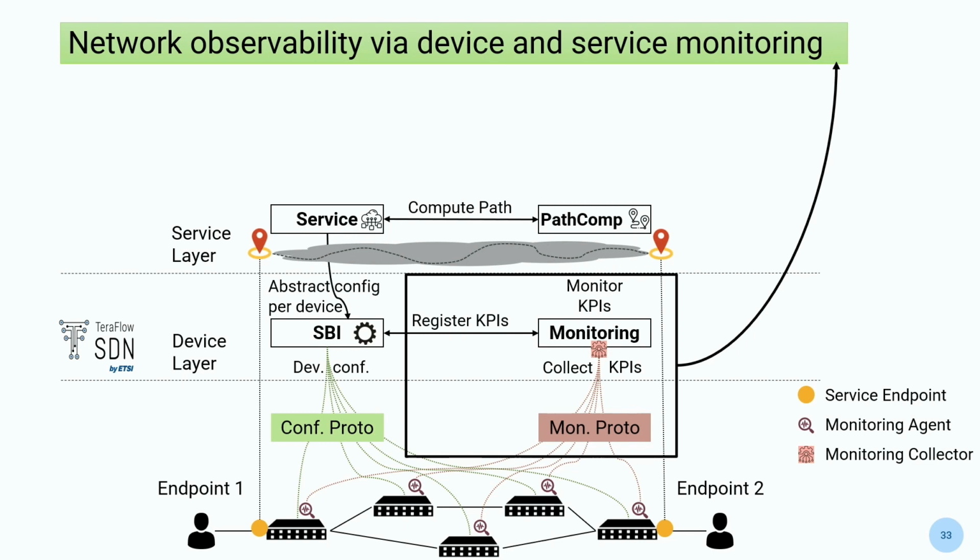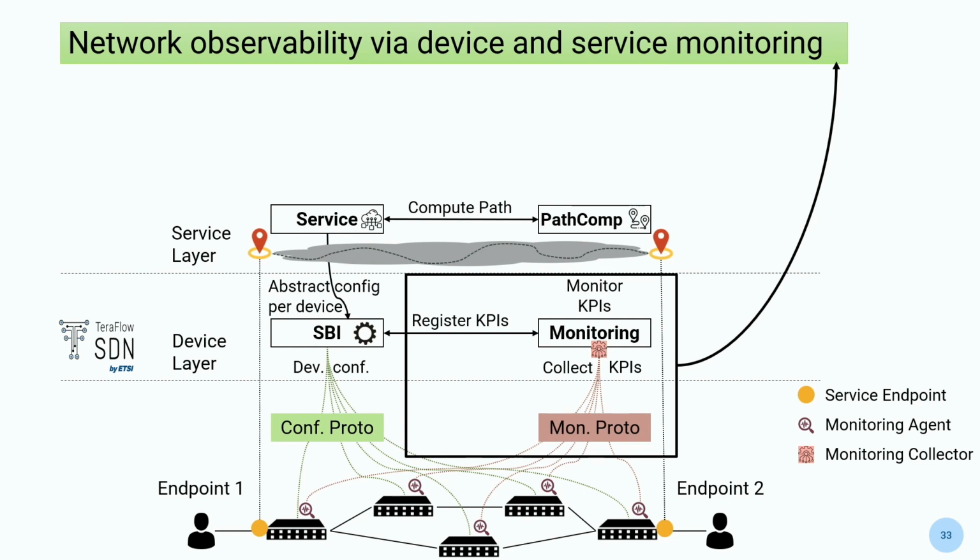Before we do that, I said something specific previously. Operators want to capture the network state before they make any kind of decision to create a service, to update a service, or delete a service. How we capture the network state is another discussion itself. And for this, there is a specific component in TerraFlow, which we call monitoring.